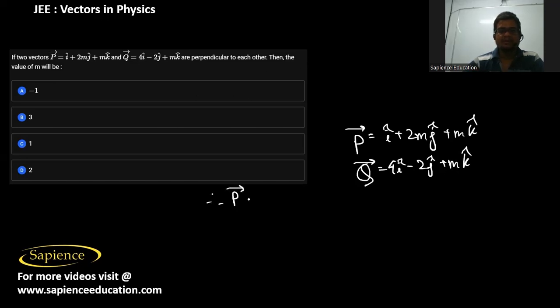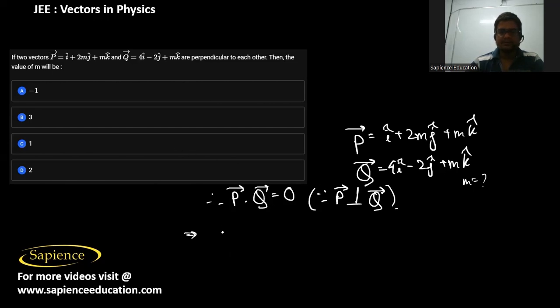So therefore P vector dot Q vector is equal to 0. Since it is told that P vector is perpendicular to the vector Q, therefore P dot Q equal to 0, then we have to find the value of m.